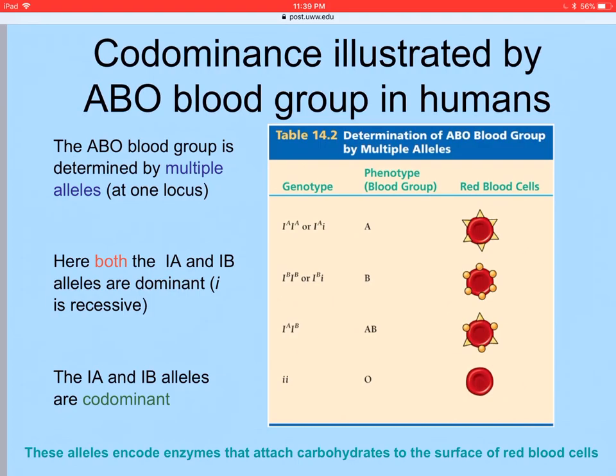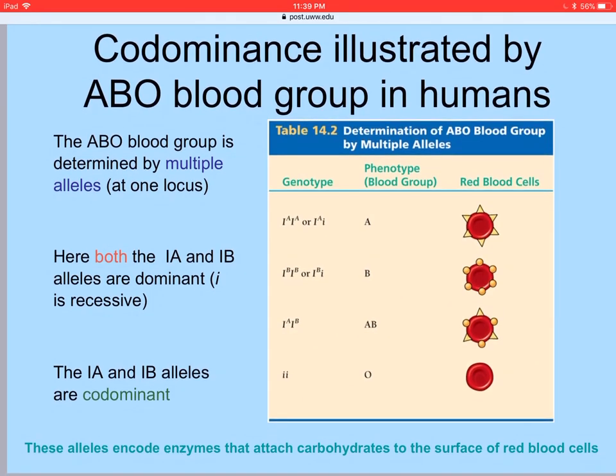Okay, so what do I mean by this? Well, there's a variety of phenotypes of the blood groups for humans. You can either be phenotype A, B, AB, or O. All of those correspond with what the markers on the surface of the red blood cells look like. If you're phenotype A, you might have, like you can see in this diagram, little triangles on the outside of your red blood cells.